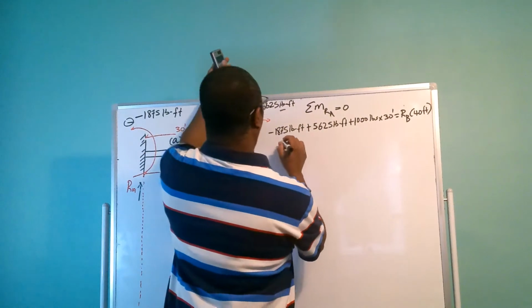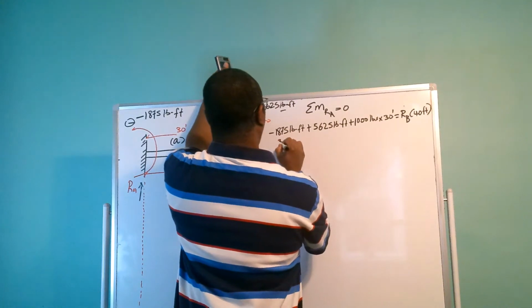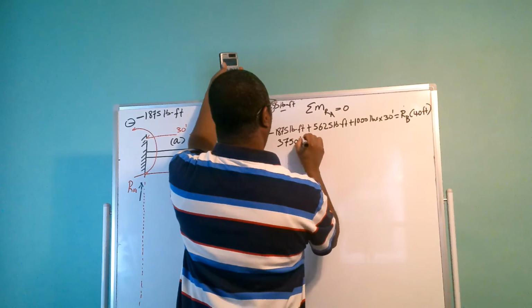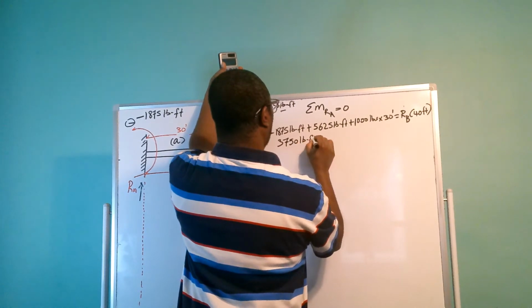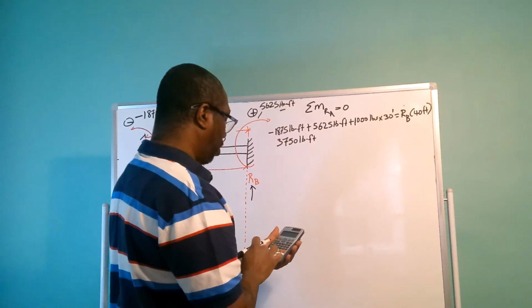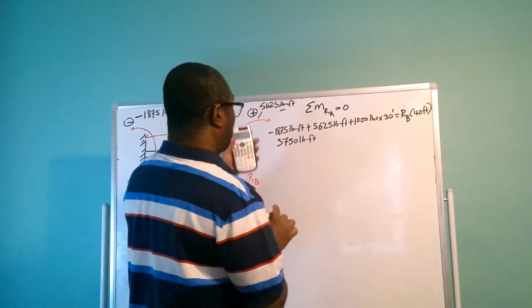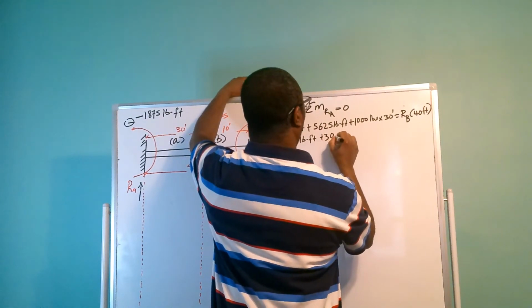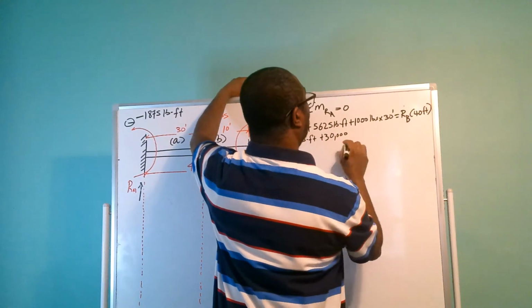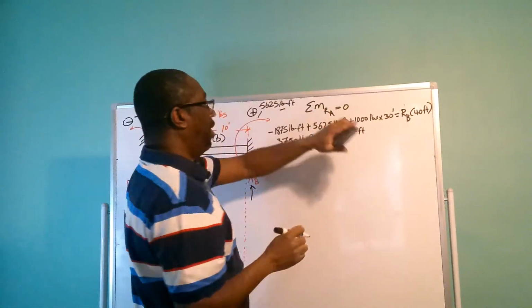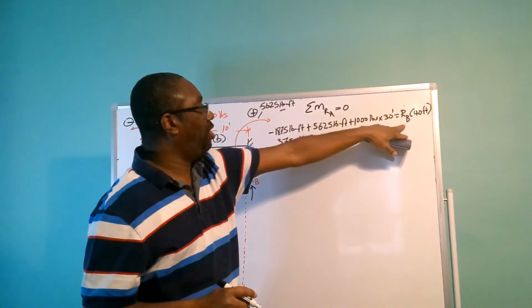That is going to equal 3,750 pounds-foot, plus 1,000 times 30, that's 30,000 pounds-foot. So we're going to make RB the subject of the formula.